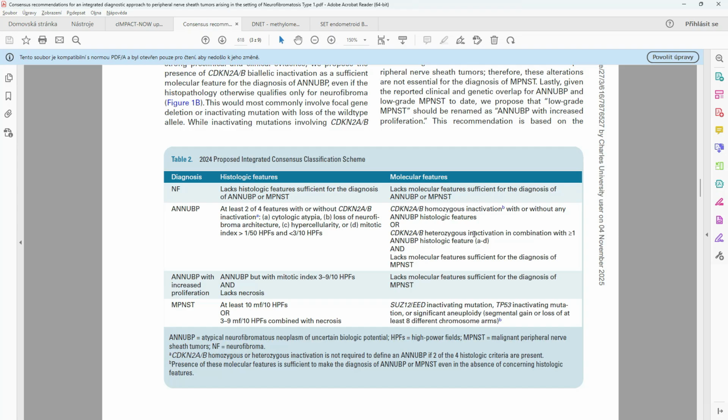This genetics works for biopsies, because if you've got a resection, like in my case, it's not that problematic, because I was able to find hypercellular, mitotically active and necrotic parts, and it was straightforward MPNST in my case.